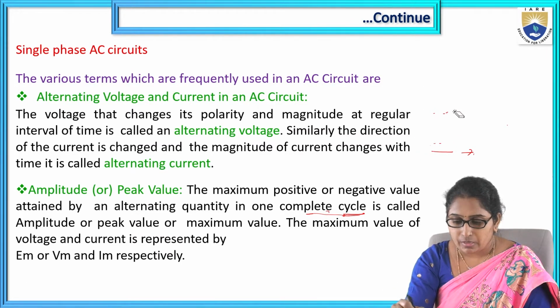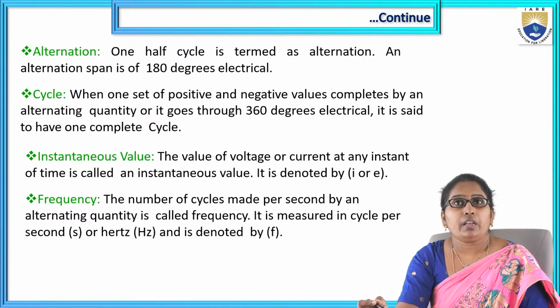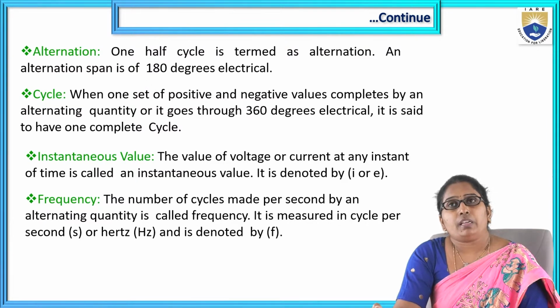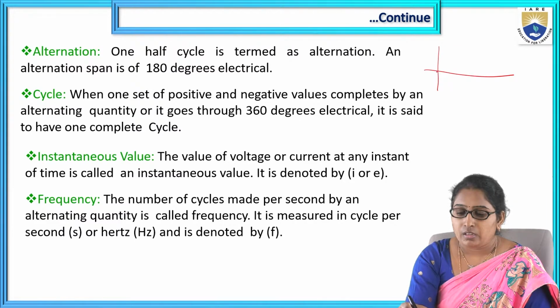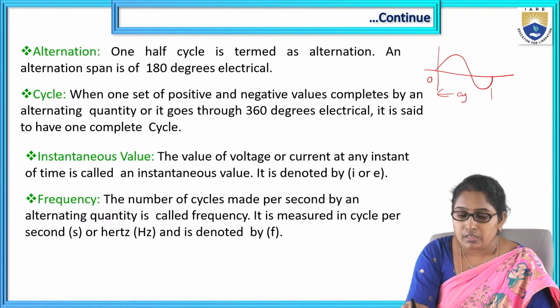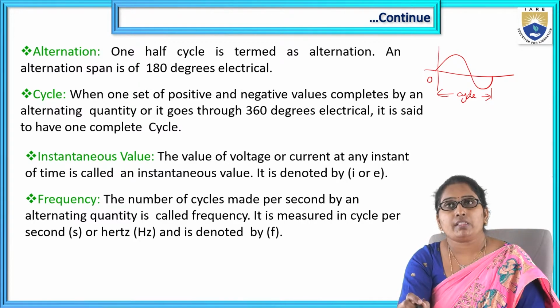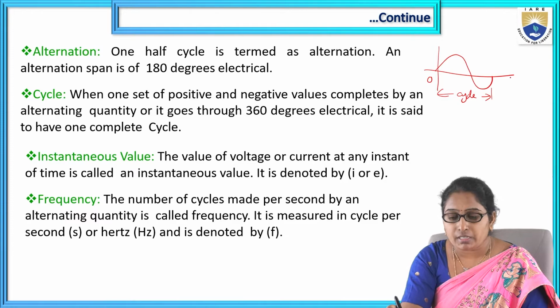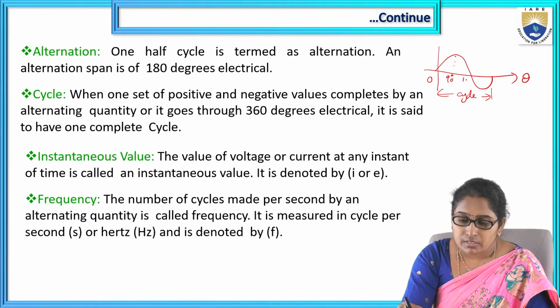Next definition, alternation. One half cycle is called an alternation, spanning electrical degrees: this is 0, this is 90, this is 180, then 360.